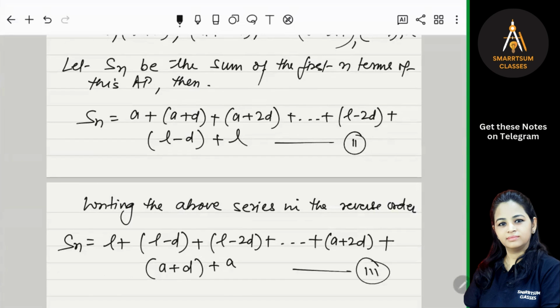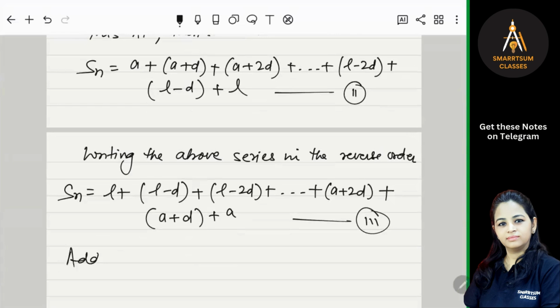Now adding the corresponding terms of equation number 2 and 3, we are adding these two equations. What do we get?